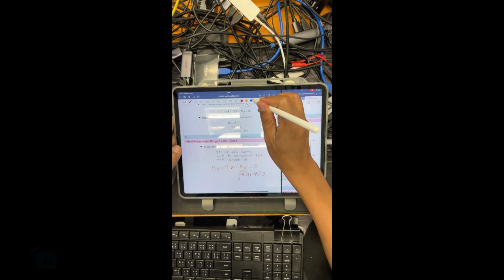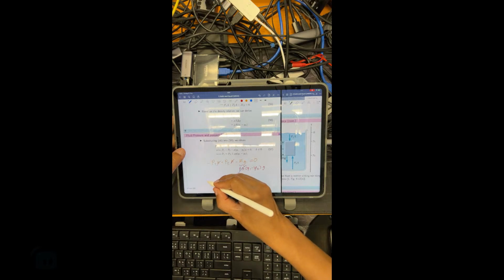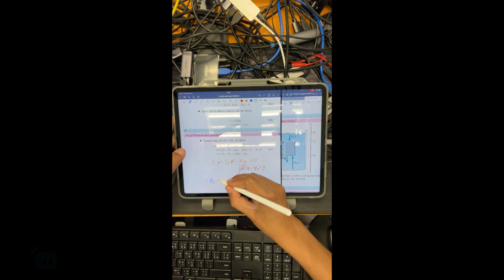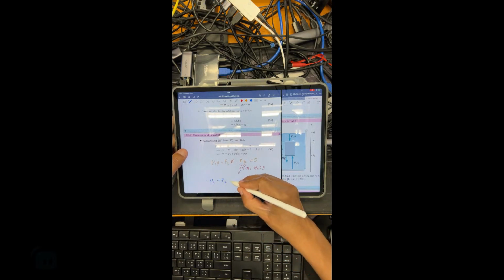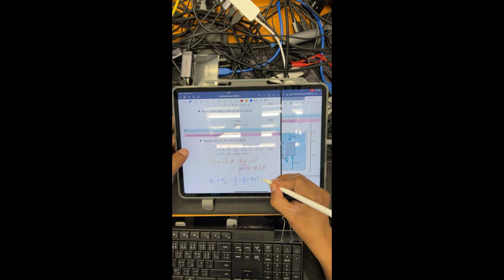We can also cancel A, and we would get minus P1 plus P2 and minus rho (y1 minus y2) g equals 0, right?